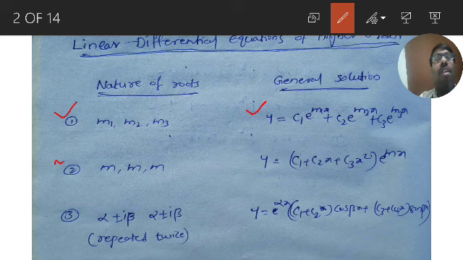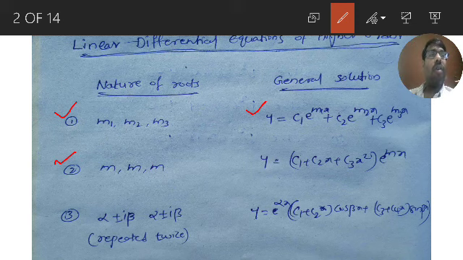Now for three roots: if m, m, m are three real and equal roots, then how to write the general solution? The general solution is y equals c1 plus c2 x plus c3 x squared into e to the power mx, where m is the real and equal root.